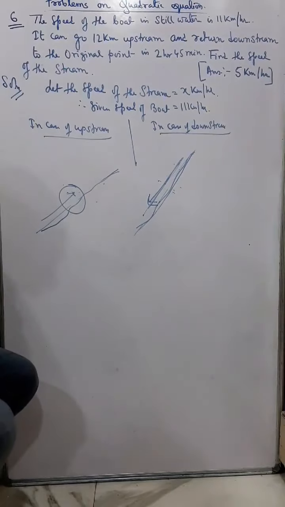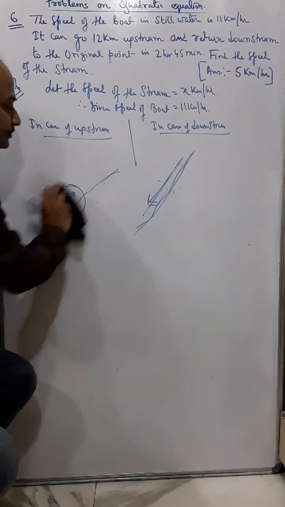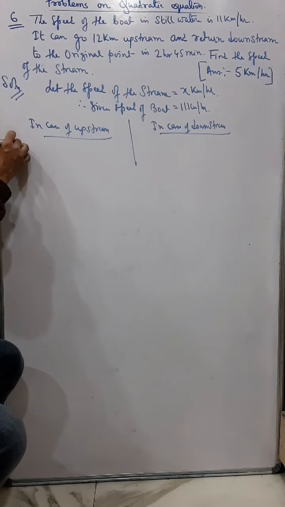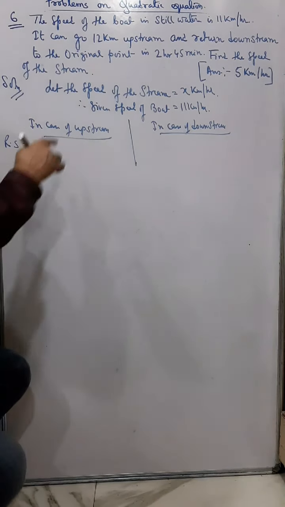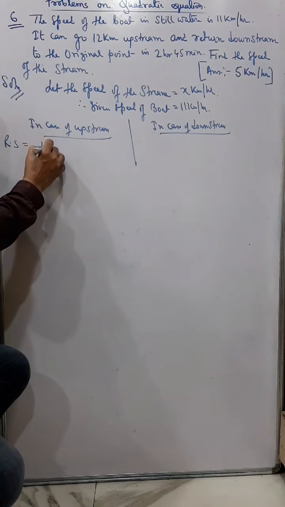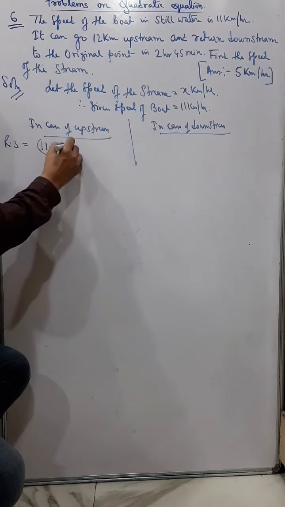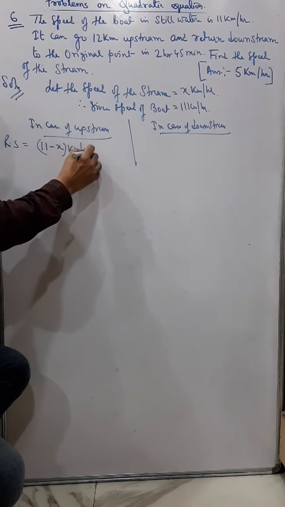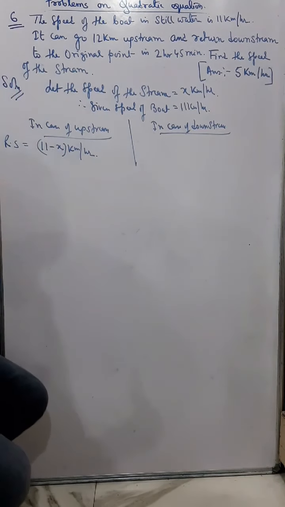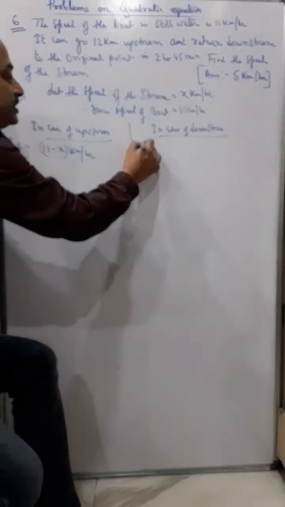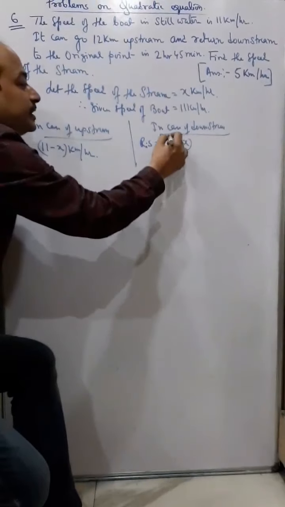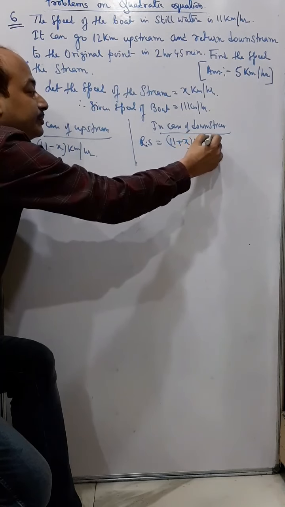So therefore, in case of upstream, since the relative speed becomes less, the relative speed will be 11 minus x. That is the speed of the boat minus the speed of the stream. Now in case of downstream, the relative speed will be more, so therefore I take 11 plus x.